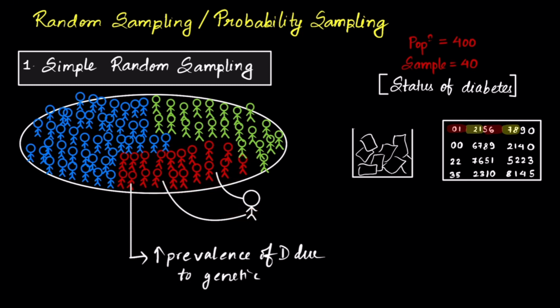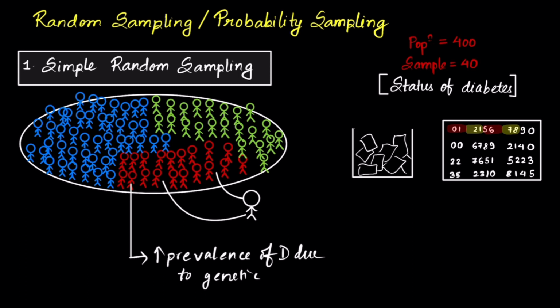That would mean most of the individuals in his sample would be diabetic, and the status of diabetes from his study for the community would come out to be higher than it actually is, making the sample highly unrepresentative of the population.